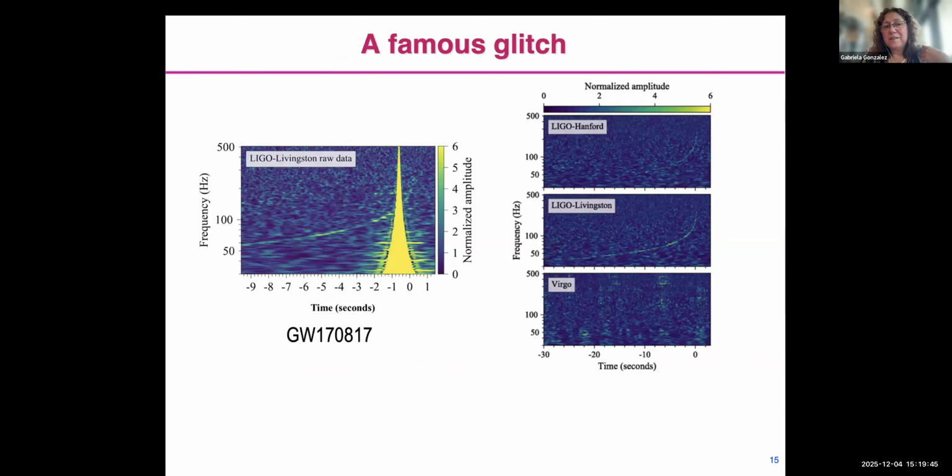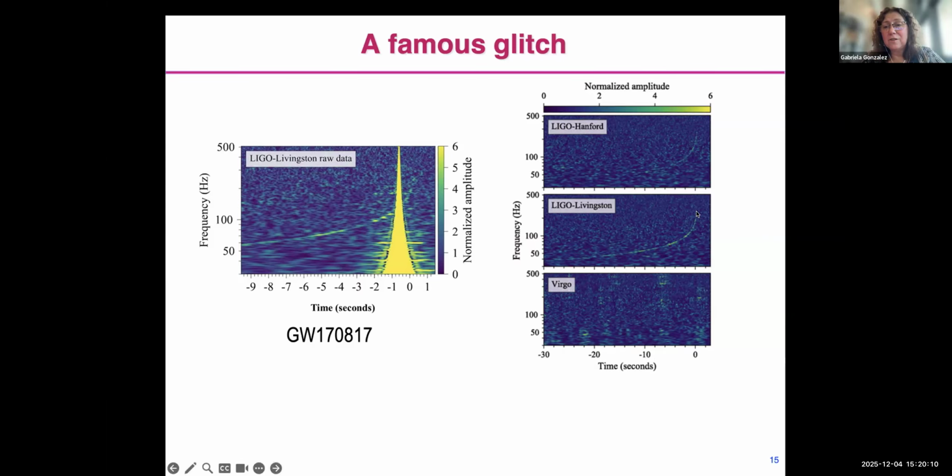There is a very famous glitch that you might remember that was actually for the binary neutron star signal. In the Hanford detector, there was a clear signal. In the Virgo detector, there was not a signal, but we knew that Virgo could see signals because we had seen a binary black hole merger just a couple of days before this one. So the fact that it was not there meant that it was along the null direction. So that was very good.